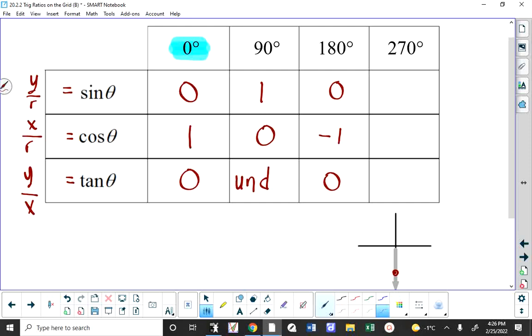But what you are going to discover is the sine of 270 is -1, the cosine of 270 is 0, and the tangent of 270 is undefined.